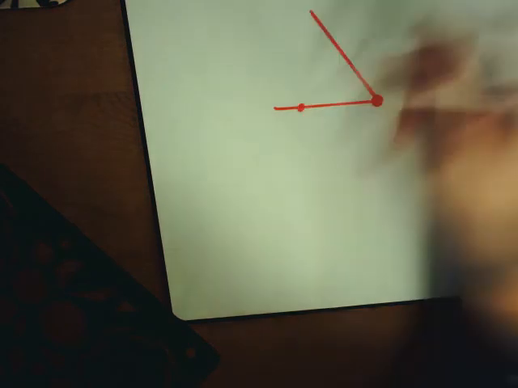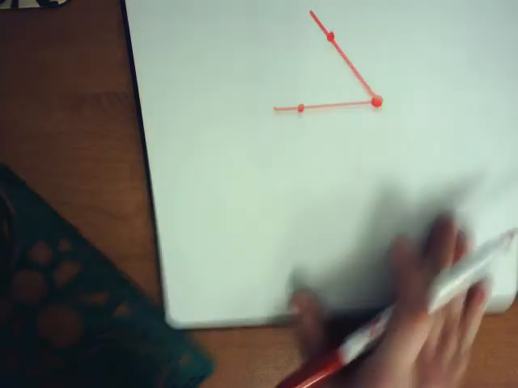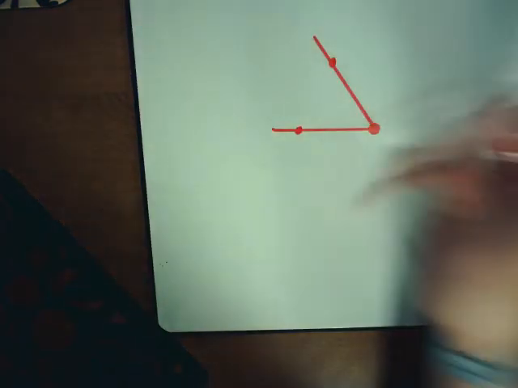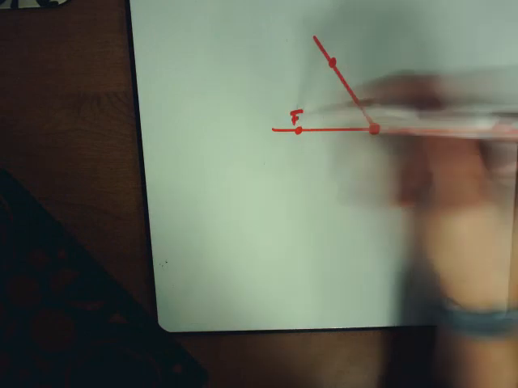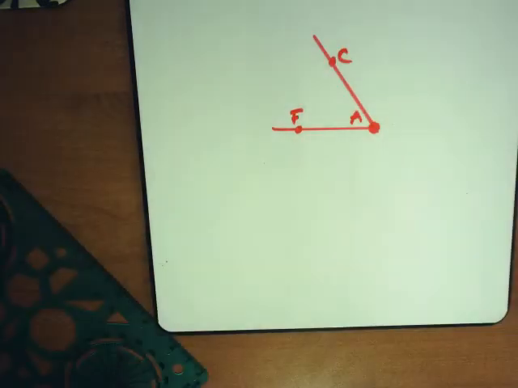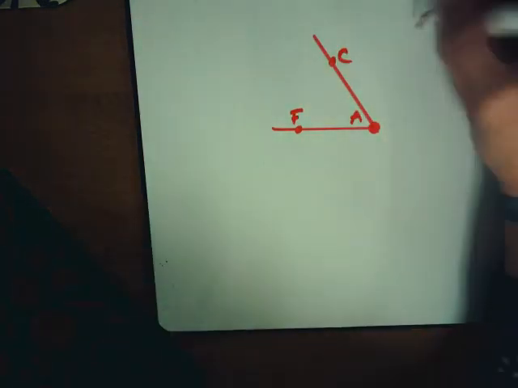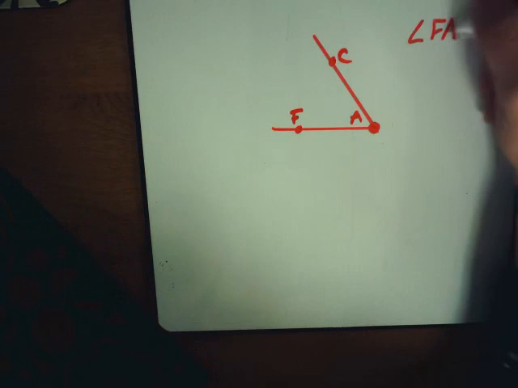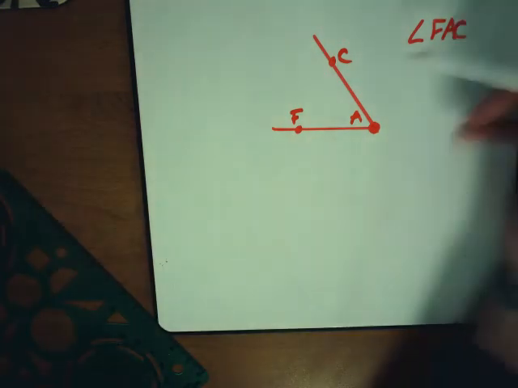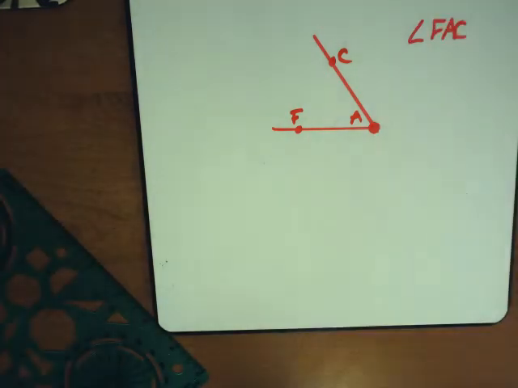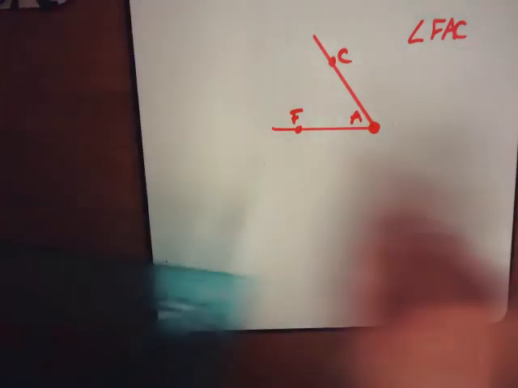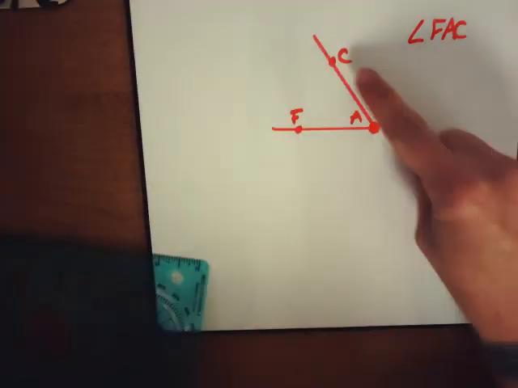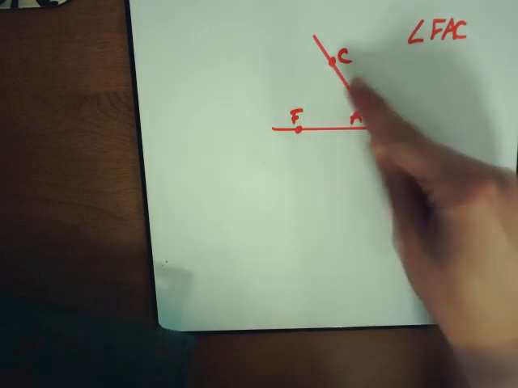I'm going to put some endpoints on here so that I can label it. So let's do, I don't know, FAC right here. Okay, so I'm looking for angle FAC, or what else could I name this angle? CAF. That's right, as long as my vertex here is in the center. So I want to measure clockwise. But a lot of kids will start here and then accidentally measure counterclockwise.